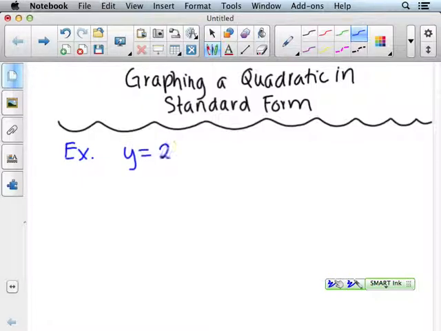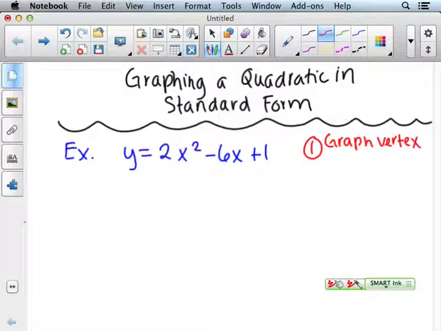y equals 2x squared minus 6x plus 1. So, step 1 is graph the vertex. Now, to graph the vertex, you need to know a formula. The x part of the vertex, I'm going to call x sub v, you find by doing negative b divided by 2a.